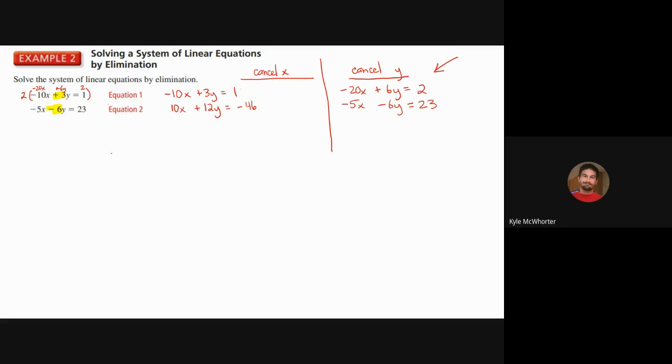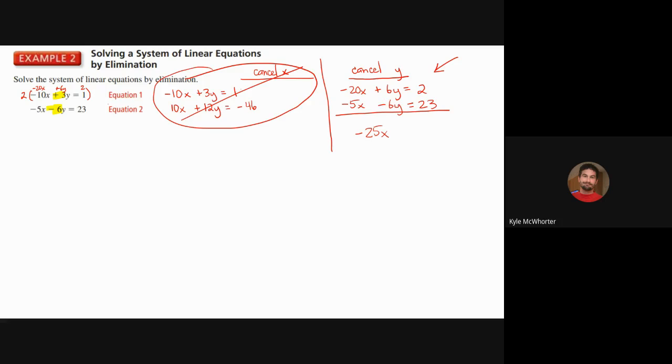Okay, so we will just not use this. I'm just going to solve this one right here. So I'm going to add these two equations together. Negative 20x and negative 5x makes negative 25x.